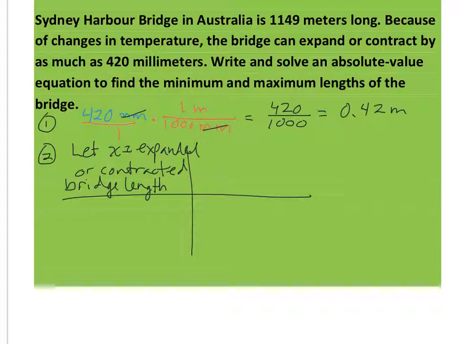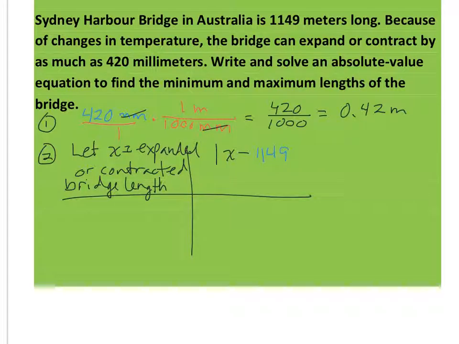So how does this look? You're going to take the absolute value of x and you're going to subtract the normal length of the bridge, the 1149, because the 1149 is your median. It's the average, if you will. So we have to find out, well, the 1149 is in the middle. Sometimes it's 0.42 meters bigger. Sometimes it's 0.42 meters smaller.